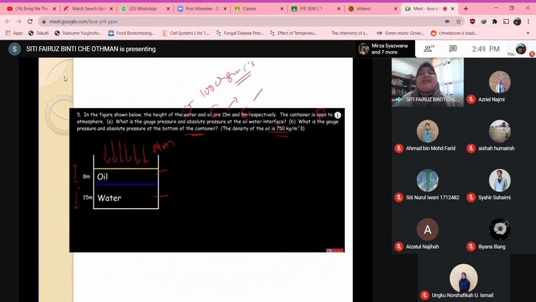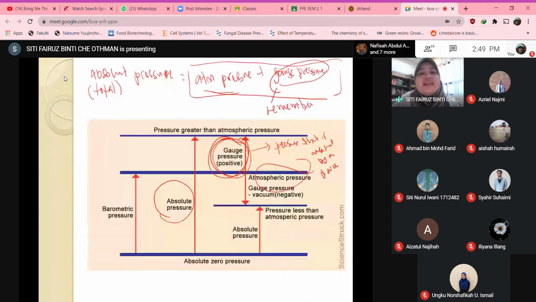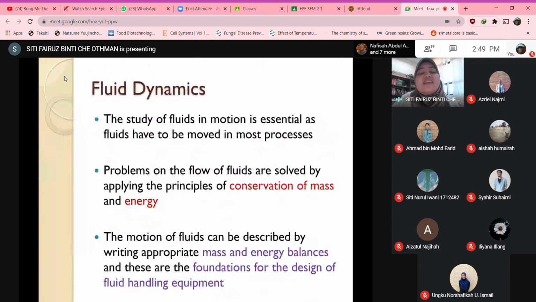Tadi tu static. Dah settle static. Sekarang kita nak tengok fluid dynamics. Okay, what happens if the fluid is moving? Fluid in motion is essential lah.